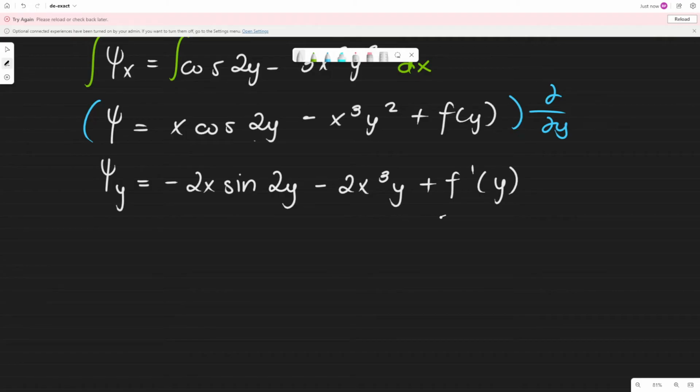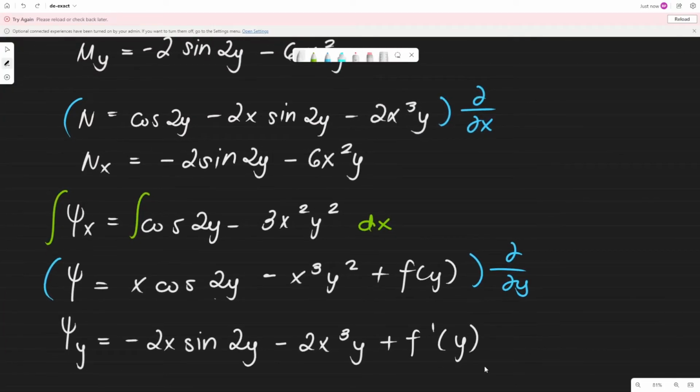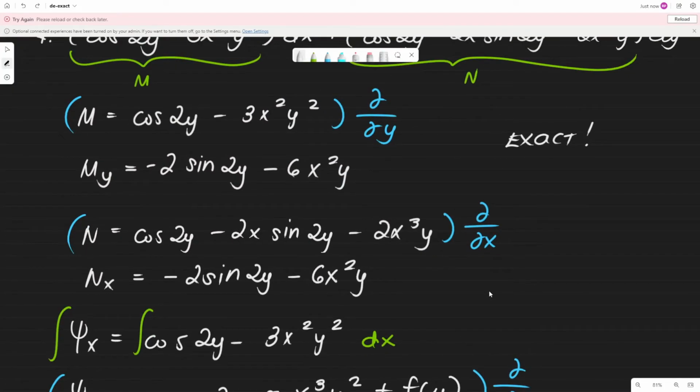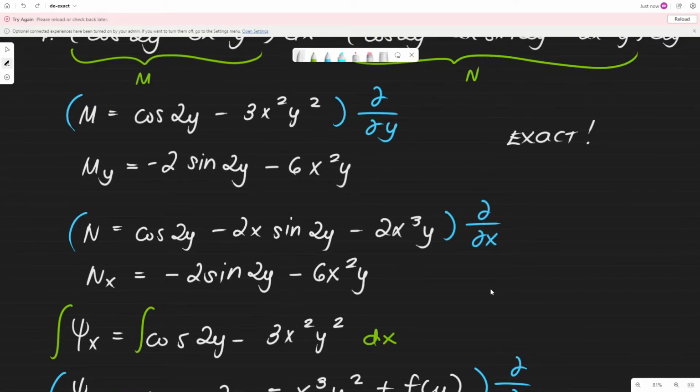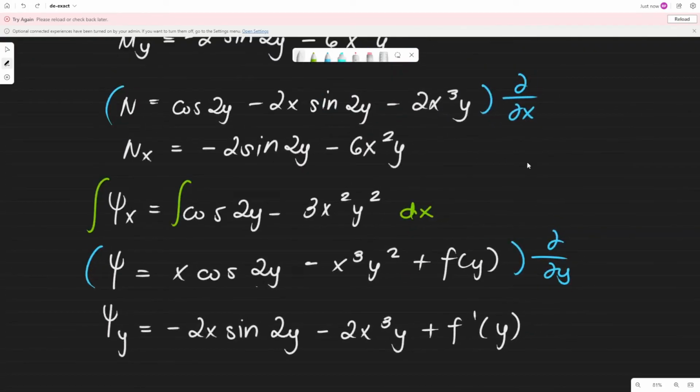Then let's get the antiderivative to get the value of f of y. But before we proceed with the antidifferentiation, let's equate first. What's the value of psi sub y? This is the value of psi sub y: cosine 2y minus 2x sine 2y minus 2x cubed y.